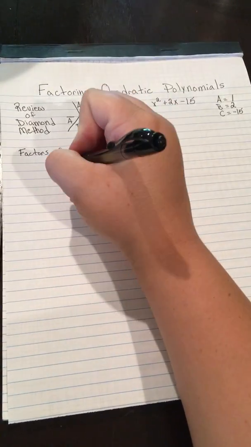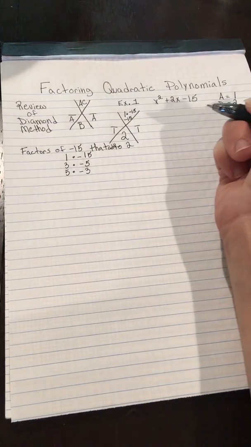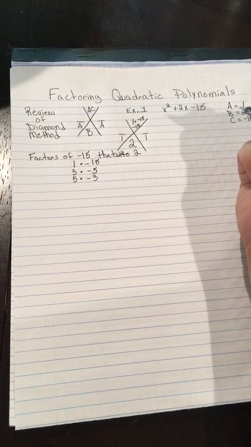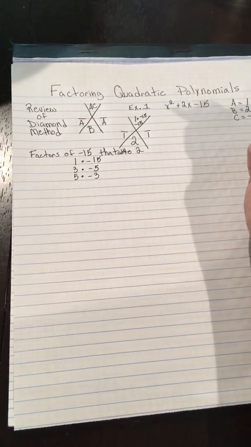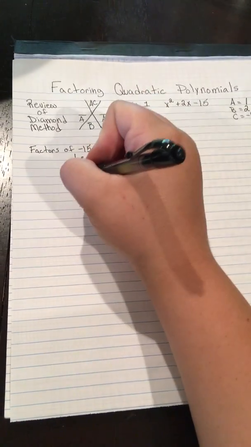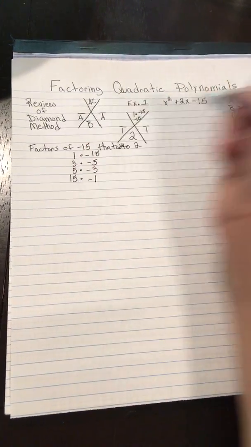Okay, that would still be 5 times a negative 3. Okay, 6, 7, 8, 9, 10, 11, 12, 13, 14. Nothing until we get back to 15. So 15 times a negative 1.